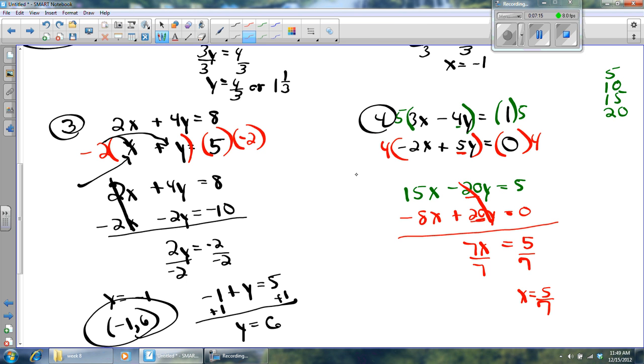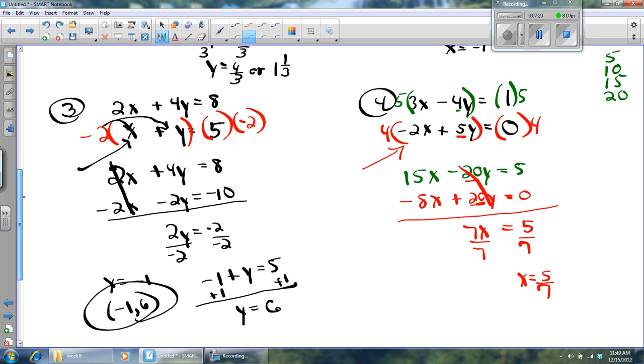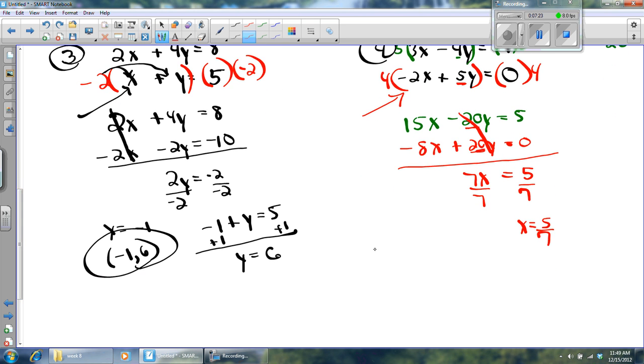I think I'm going to use this equation here because it's a little bit simpler. And so I'm going to do -2 times 5 over 7 plus 5y equals 0. I'm going to multiply and get -10 sevenths plus 5y equals 0. I'm going to add 10 sevenths to both sides.